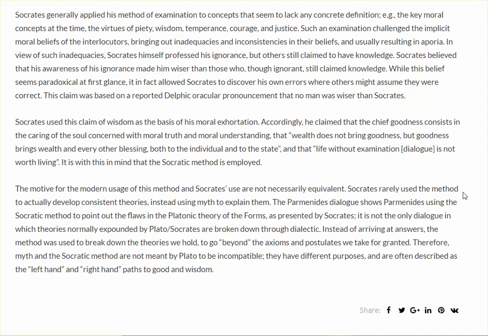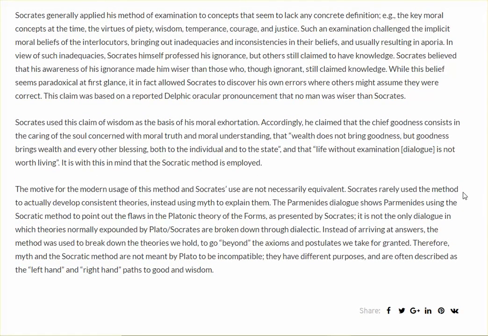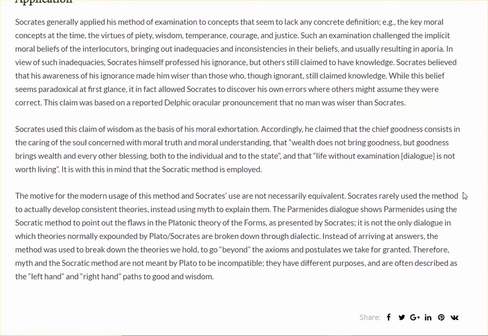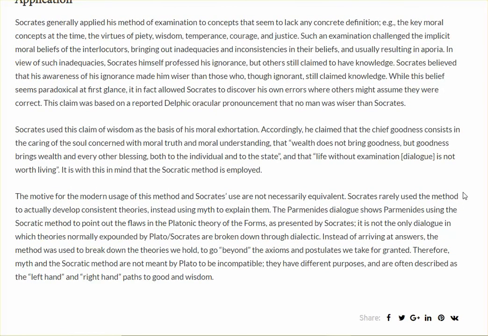While this belief seems paradoxical at first glance, it has in fact allowed Socrates to discover his own errors where others might assume they were correct.